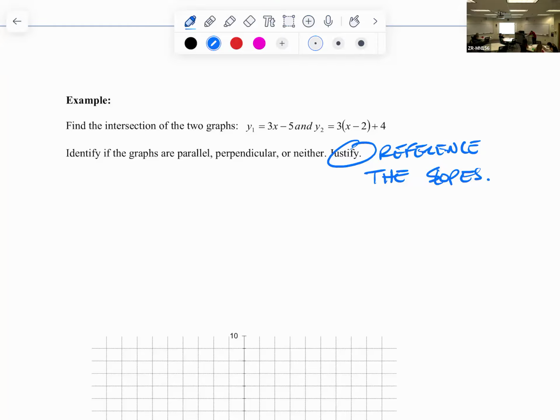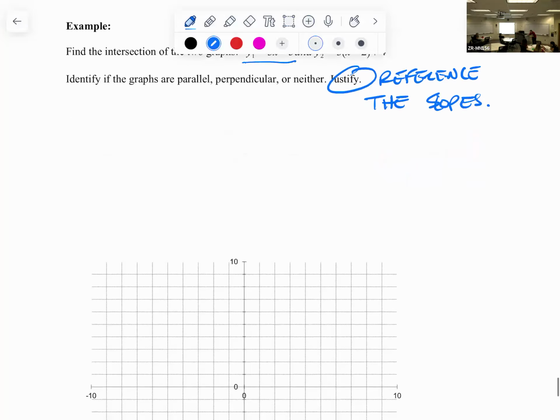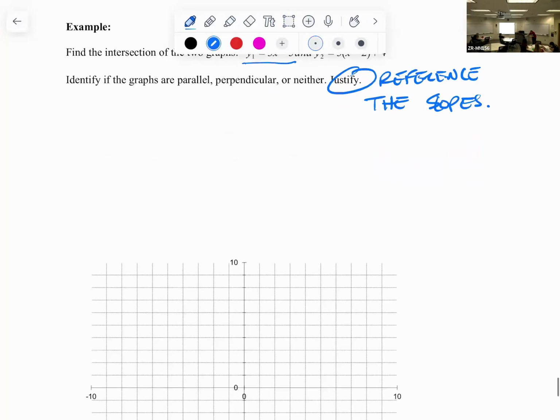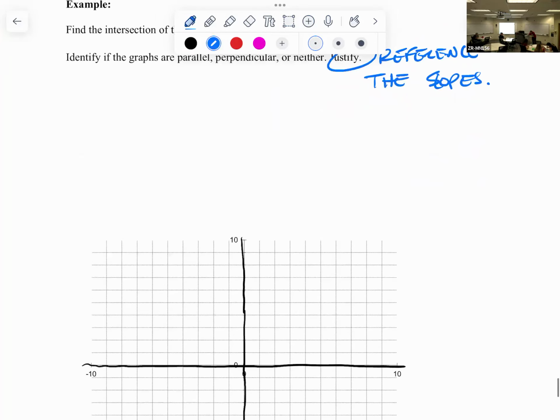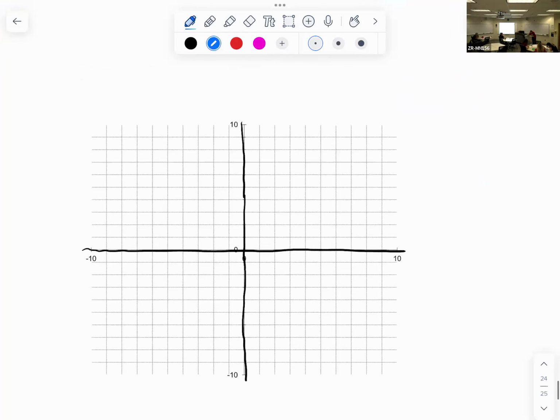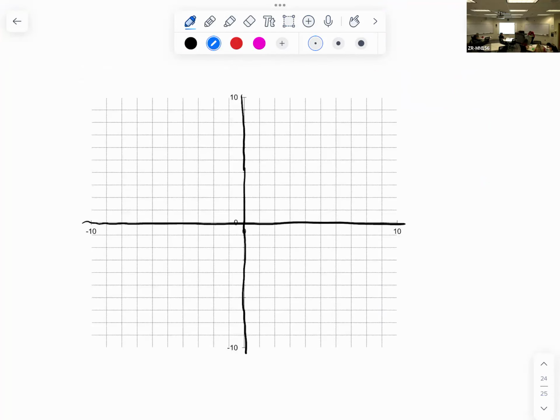Okay, so for our graph y1, that guy's basically done. We can just go straight to the graph. 3x minus 5, so 0, -5.